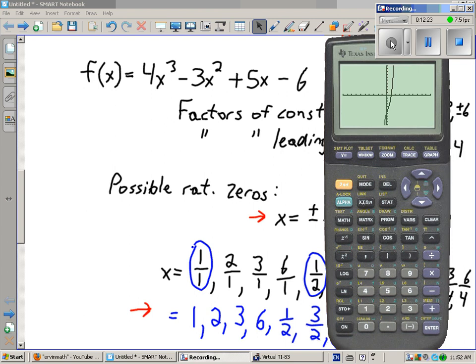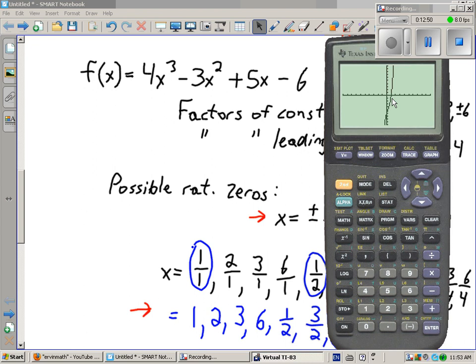So we have this graph now, and it looks like right here we are crossing the x-axis at x equal to 1. Now we can't tell that exactly. This is our rational zeros theorem that gave us that 1 is an option, but that may be an irrational number that's really close to 1. So what we can do is test it out to see if it actually is 0 there.